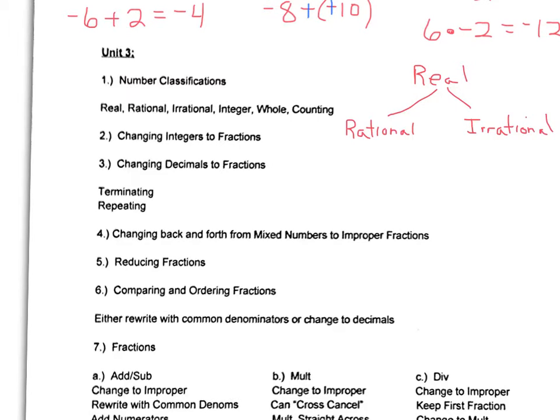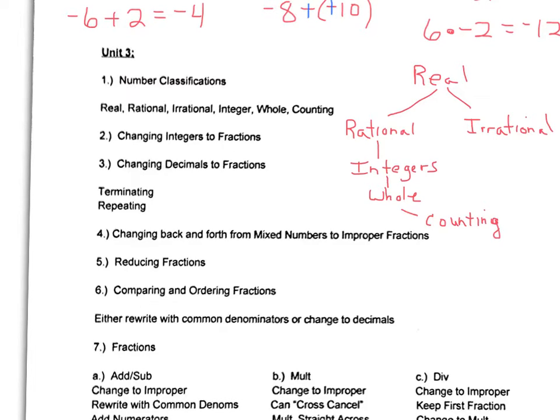Irrational were the really wild ones that went on and on forever and ever with no pattern. Rationals have patterns or can be written as fractions. Then you'd break that down into integers, and then you'd get more specific. Maybe they're whole numbers, and then maybe they're counting numbers. If you don't remember these, then maybe you need to go back and look them up or ask me.